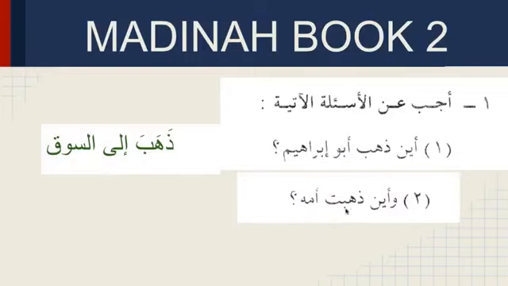So aina zahabat. Again we have to look for the fa'il here. See this sentence here, this ta' ta'nith. So the fa'il can be mustatir or mawjud. So we have to look for the sign of marfu'. Say ummuhu, his mother. Where did his mother go? So again we can say his mother went, or we can just say she went.